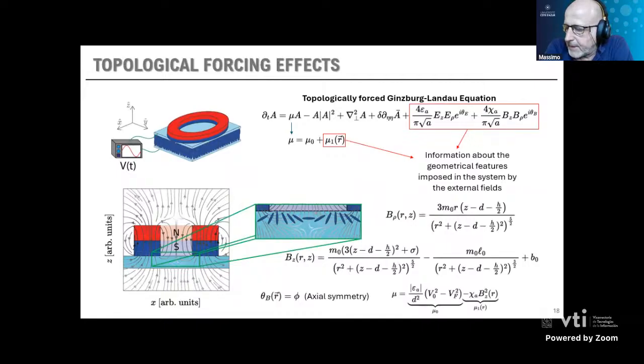But I don't see the relationship with the anchoring boundary condition. So you have anchoring, and then you have the magnet. So how do you reconcile these two effects?